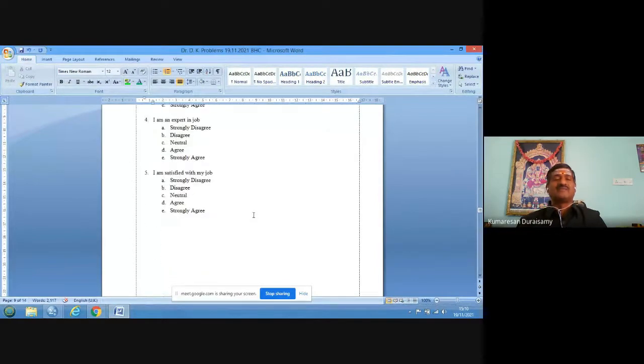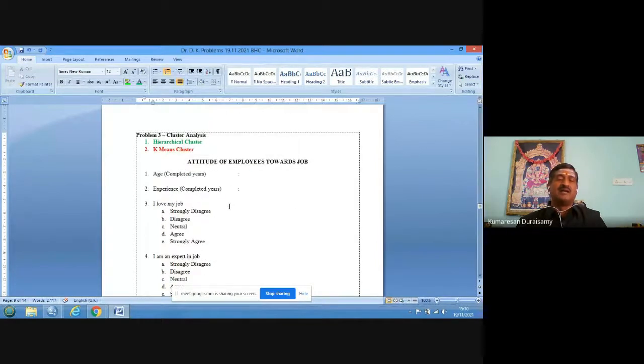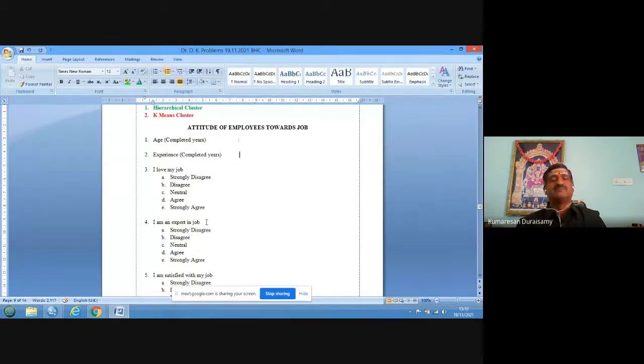Now we have to test whether there is any significant difference among the employees towards the attitude regarding the job, with reference to age and with reference to experience.